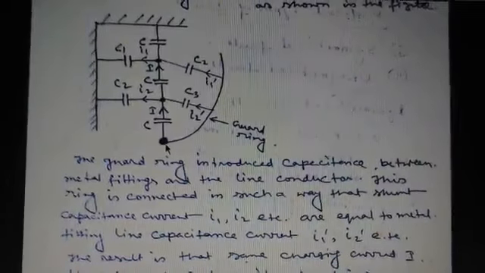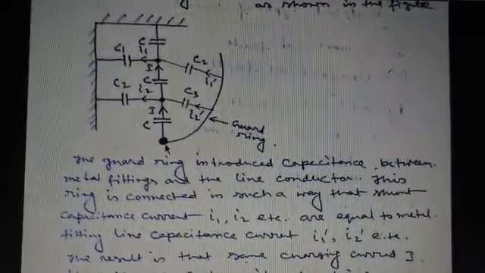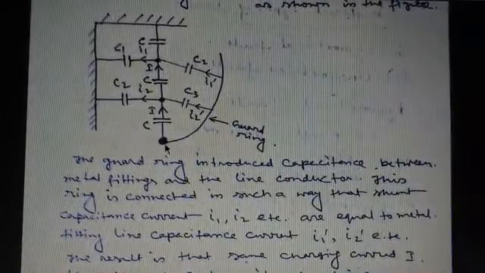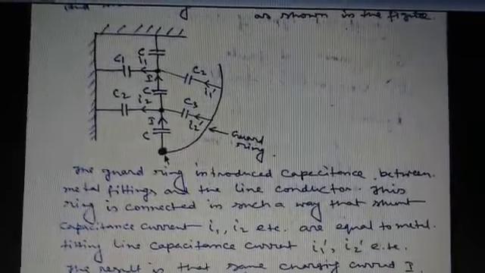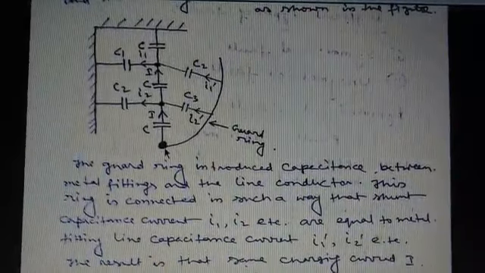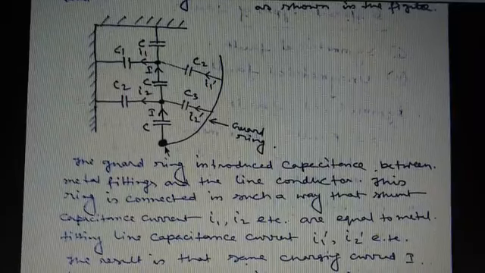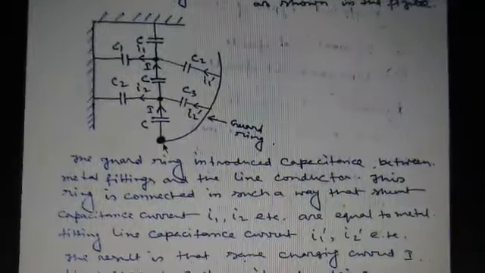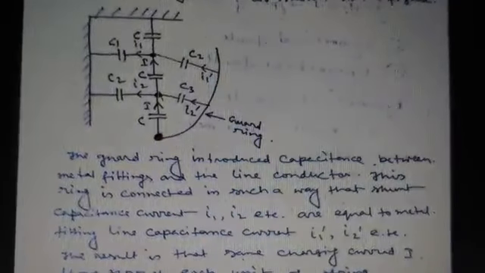Now, the guard ring introduces capacitance between the metal fitting and the line conductor. This ring is connected in such a way that the shunt capacitance currents, that is I1, I2, are equal to the metal fitting line capacitance currents. The line capacitance currents are I1 dash, I2 dash, and so on.